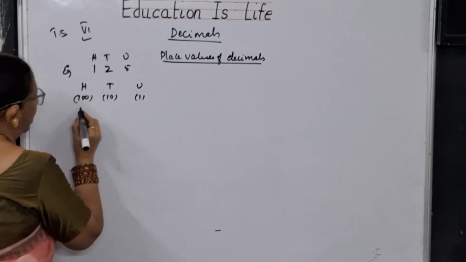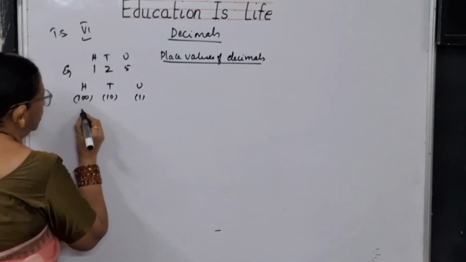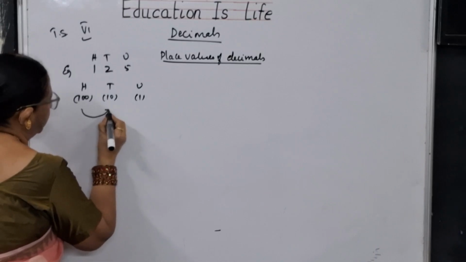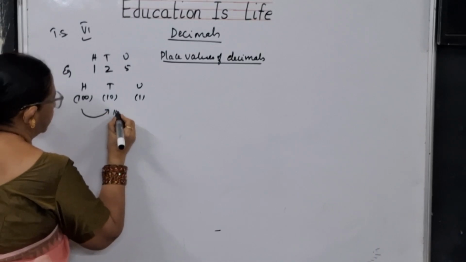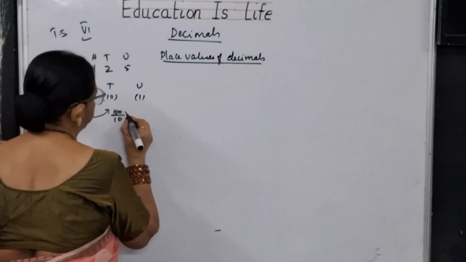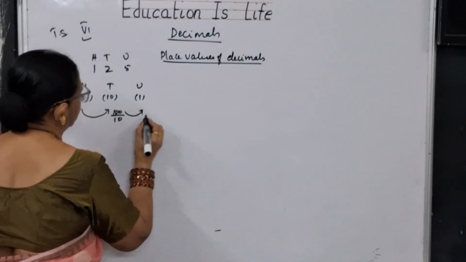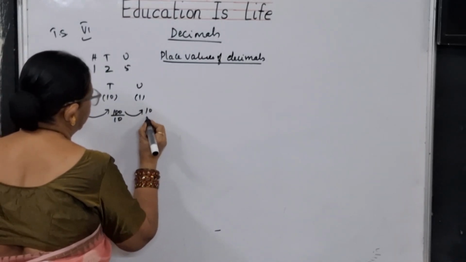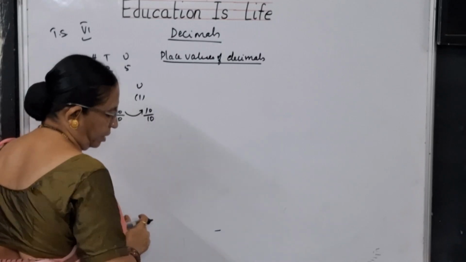That means when the hundreds place is shifted to the tens place, it becomes 100 by 10. And when the tens place shifts to the units place, it becomes 10 by 10.